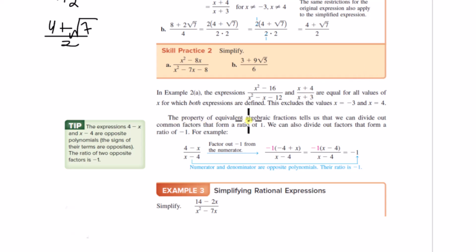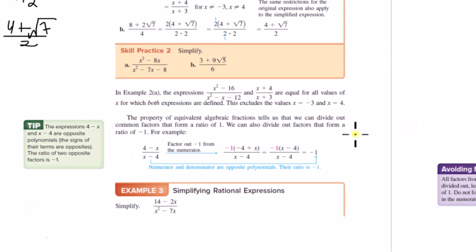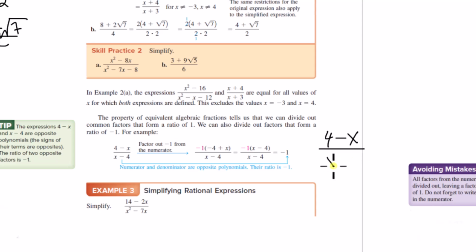The property of equivalent algebraic fractions tells us that we can divide out common factors that form a ratio of 1. We can also divide out factors that form a ratio of minus 1. When you've got something like this, it's important to see that you might say, oh, we can't do anything with this.